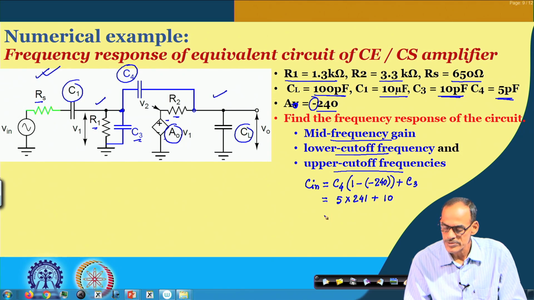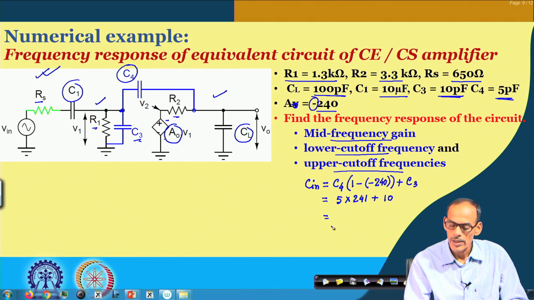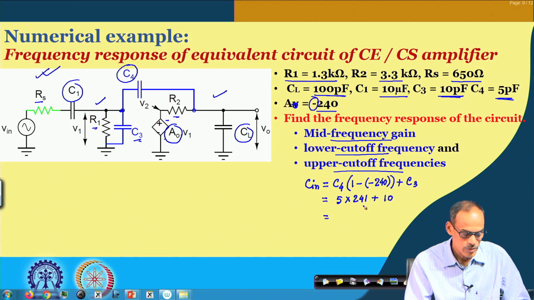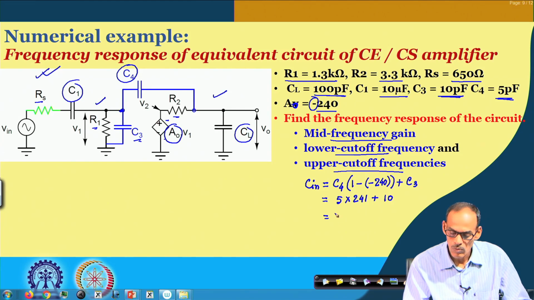So, that gives us how much? We do have 1215 picofarad. Yes. So, we do have the C in given here.